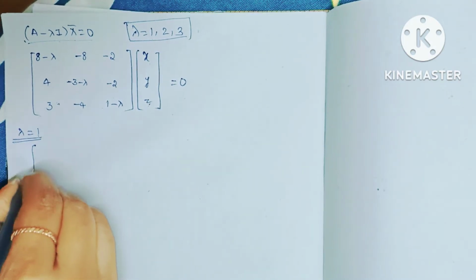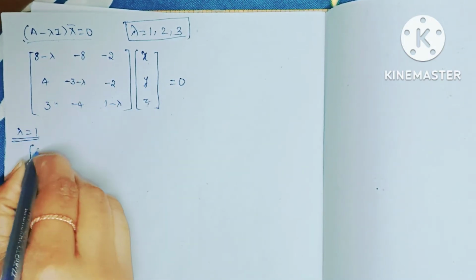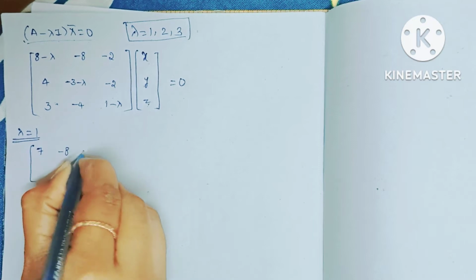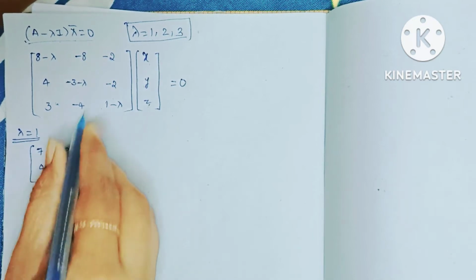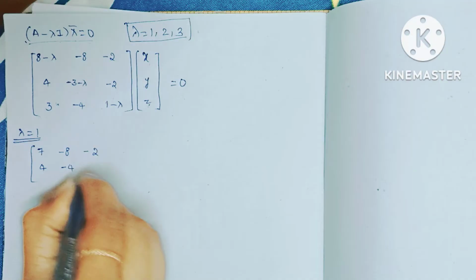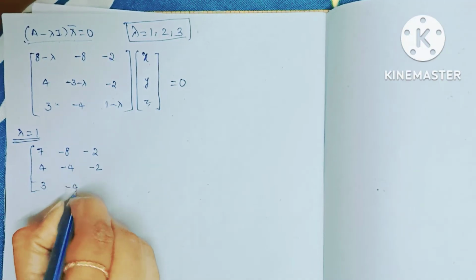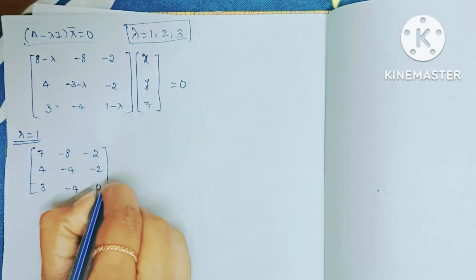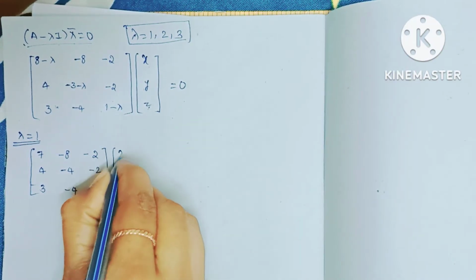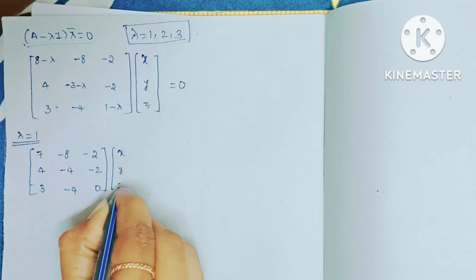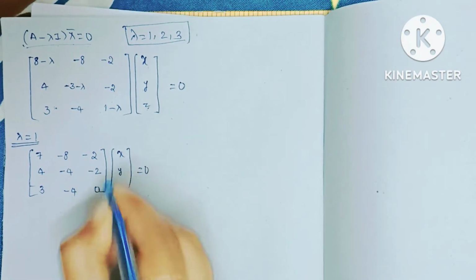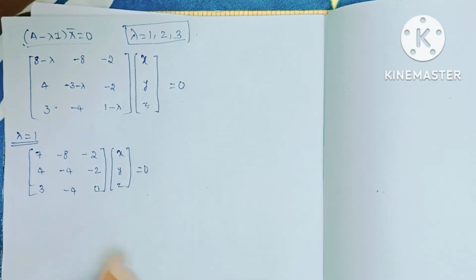Here we will see 8 minus 1 is 7, minus 8, minus 2, 4, minus 3 minus 1 is minus 4, here minus 2, so here 3, minus 4, 1 minus 1 is 0. Here x, y, z which is equal to 0. This is for lambda equal to 1.